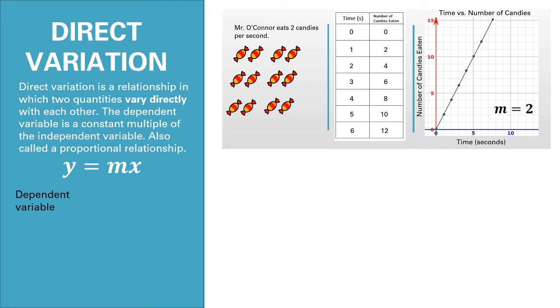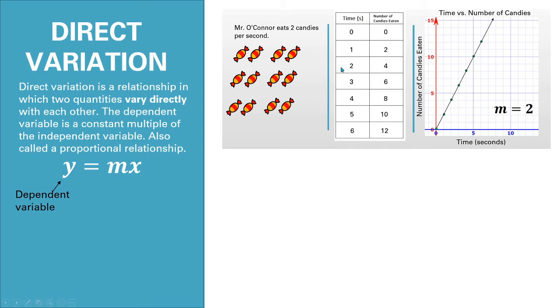Y is our dependent variable. If you look at the definition, it said a relationship in which two quantities vary directly. The dependent variable is one of the quantities, one of the things that you can count.